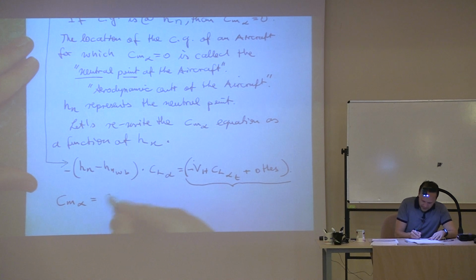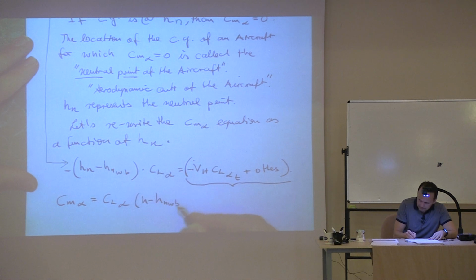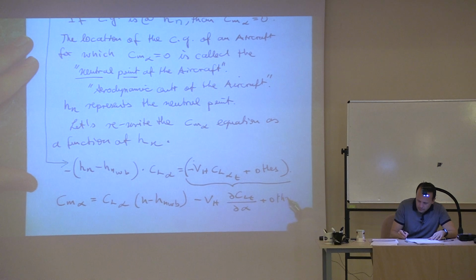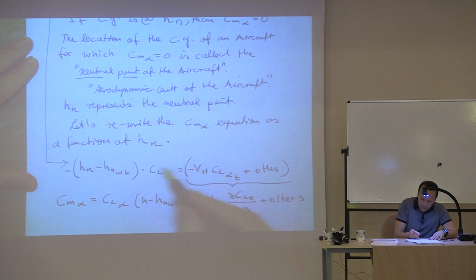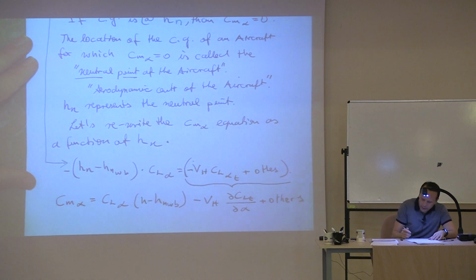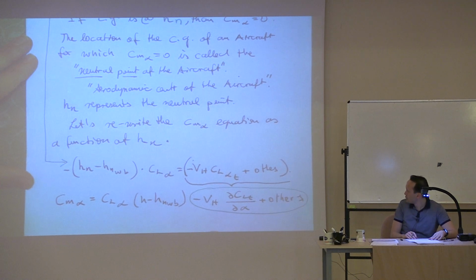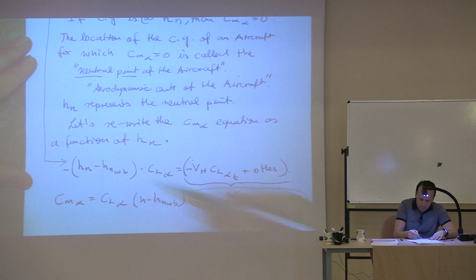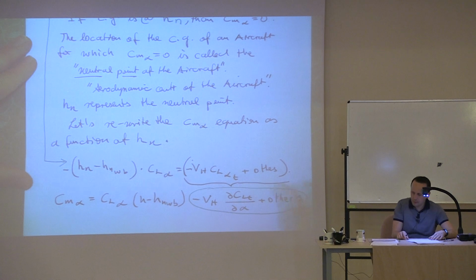This was the Cm alpha that I had at the beginning of the class: H minus HNWB minus VH del Cl tail del alpha plus others. Okay, so I'm going to replace this one with that. So this is the one I had previously, right? So replace this one with that, and you obtain a quite fundamental equation now.